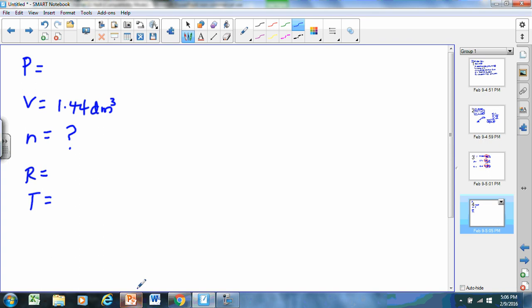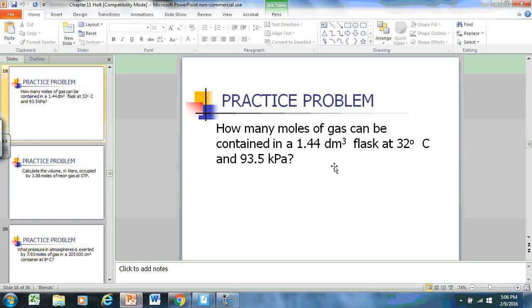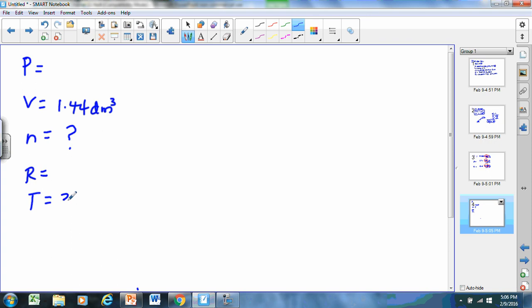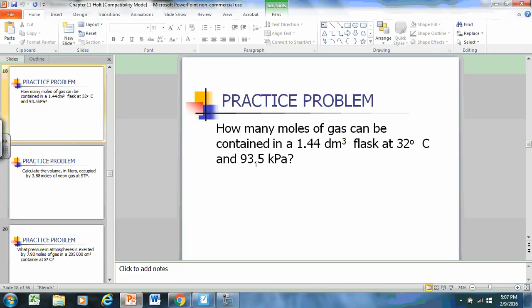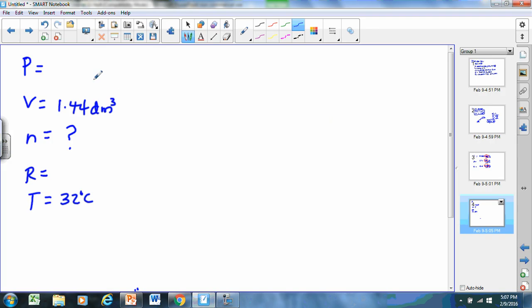And then the next number I'm going to see is 32 degrees Celsius. That's a temperature. So 32 degrees Celsius. And then finally, 93.5 kPa. So this is 93.5 kPa.